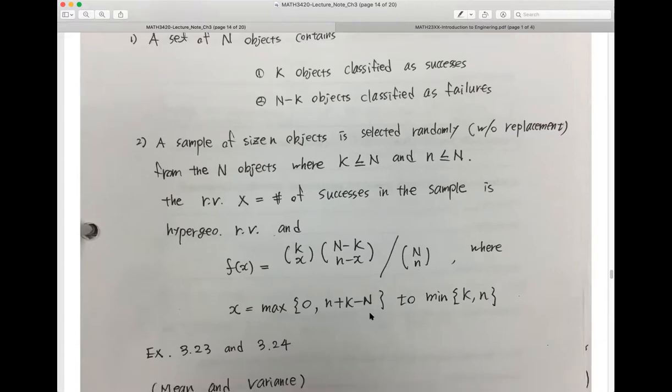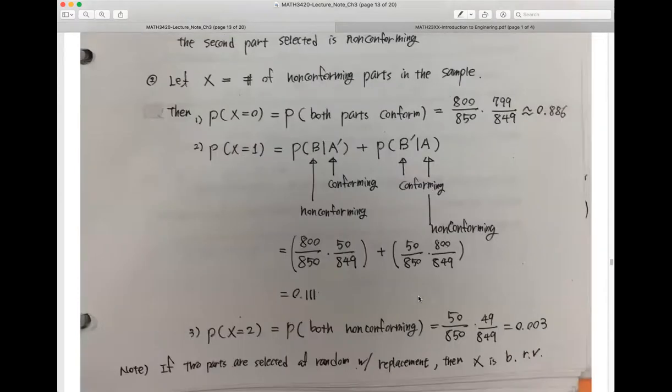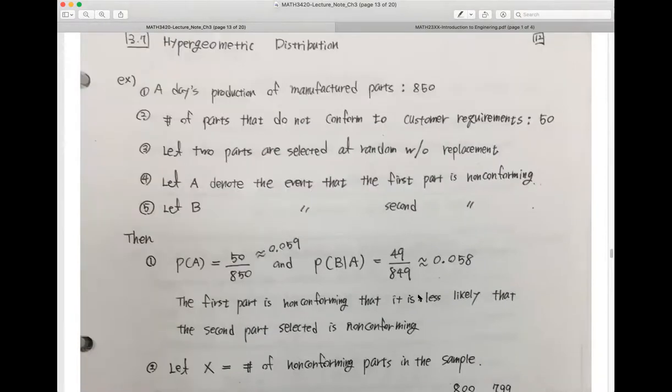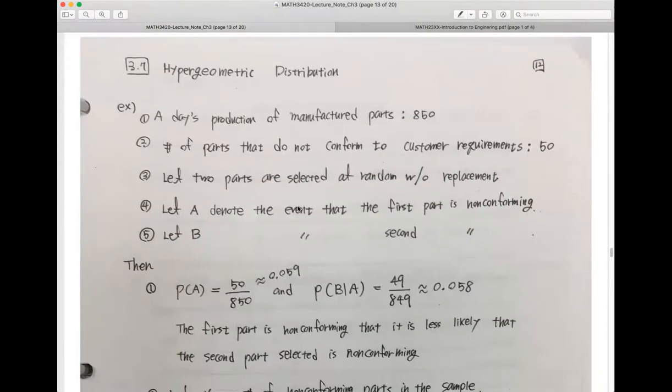First of all, let me explain why the range of x is like this, using the example in my handout. Just think about this: a day's production of manufactured parts is 850, and the number of parts that do not conform to customer requirements is 50.